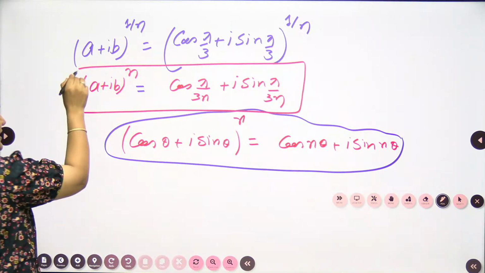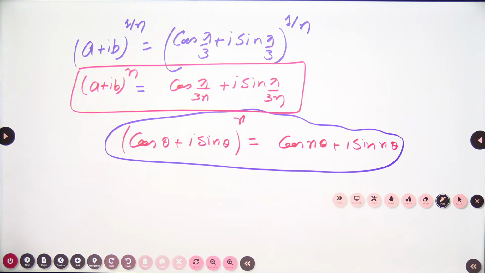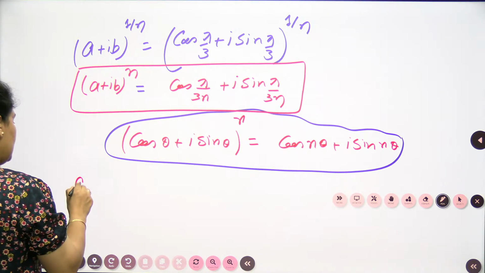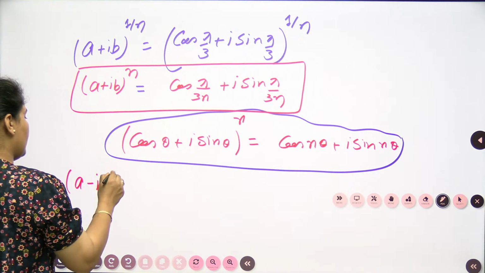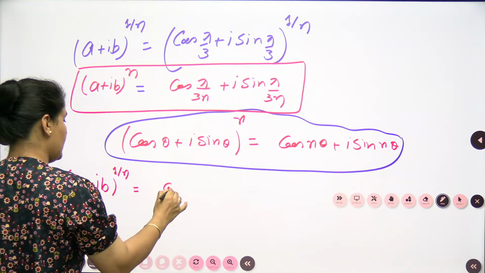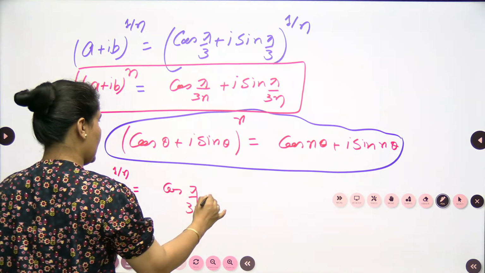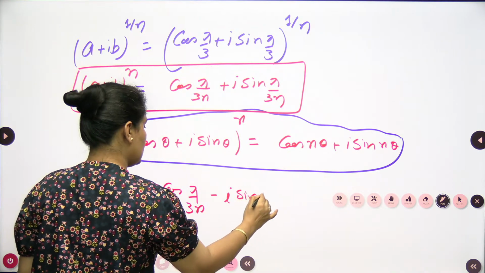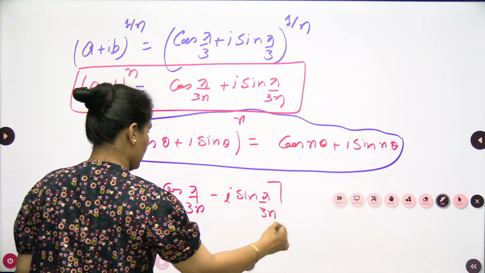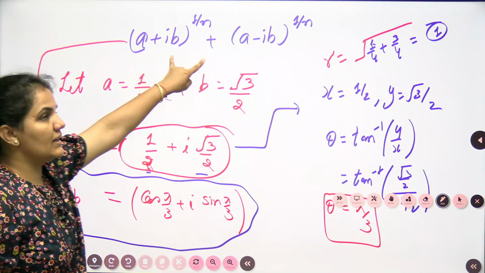In the same manner we can find out a minus iota b also. Similarly, a minus iota b power 1 by n will be cos pi by 3n minus iota sine pi by 3n. Okay, I need to find the complete value.